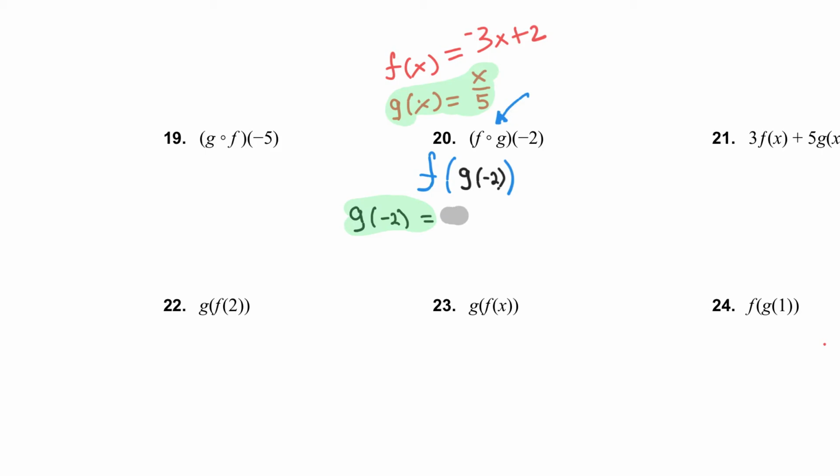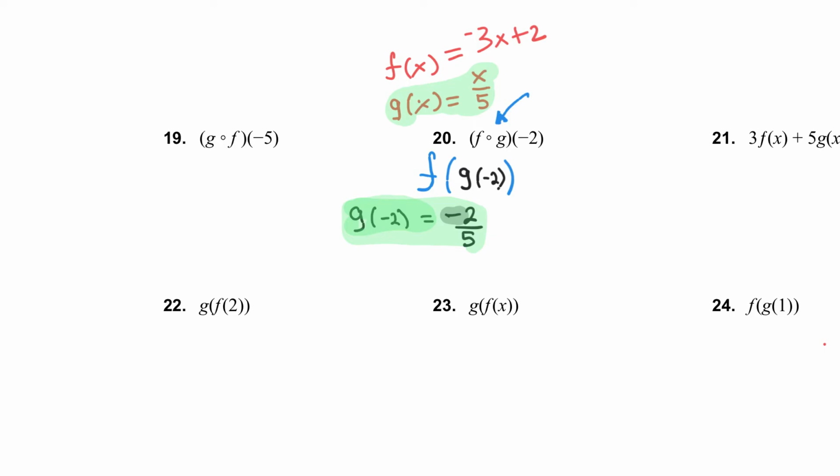You get -2 divided by 5. Okay. I know some of you don't like to work with fractions. In this case, what we're going to be working with is G of -2 gives you -2/5.